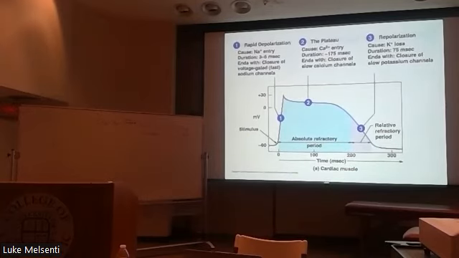What has to be happening? If positive is rushing in, it should make this more positive. So what has to be happening here? Positive has to be leaving. What positive is leaving? Potassium.